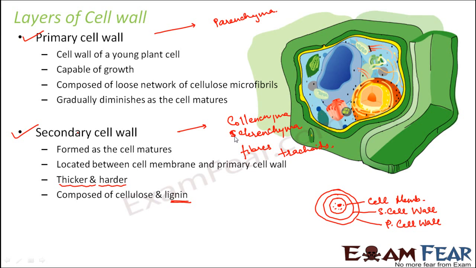And we saw that they have thickened corners. Some of them have lignin thickenings at their corners. So these thickened corners were nothing but due to the formation of secondary cell wall. So secondary cell wall is formed on maturity in all of these tissues: collenchyma, sclerenchyma, fibers, tracheids. Right, so these are the layers of cell wall.